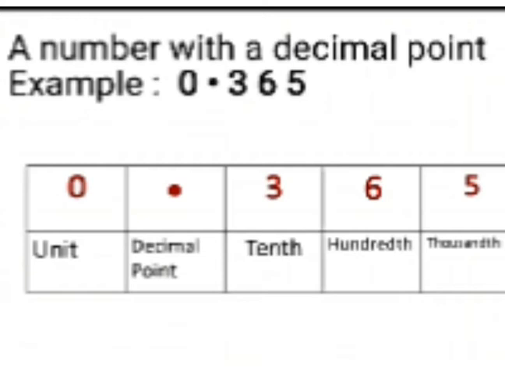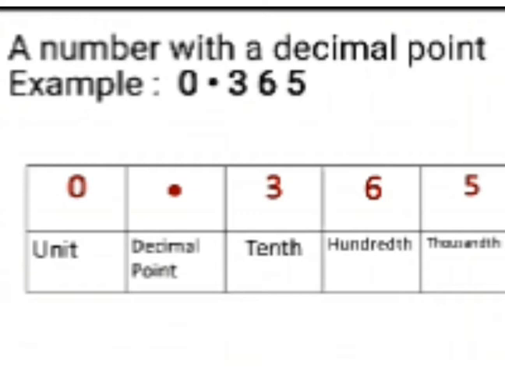When we were taught whole numbers, we normally had the hundreds, the tens, and the units. But for decimal fractions, after the decimal point, we have the very first number there, 3 tenths, 6 hundredths, 5 thousandths. This is a very good example of a decimal number.